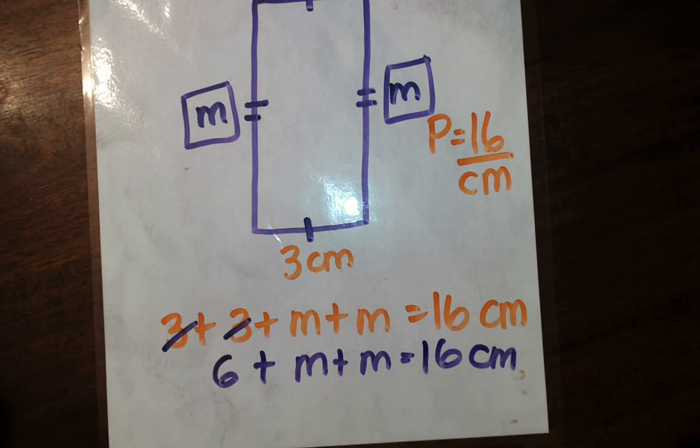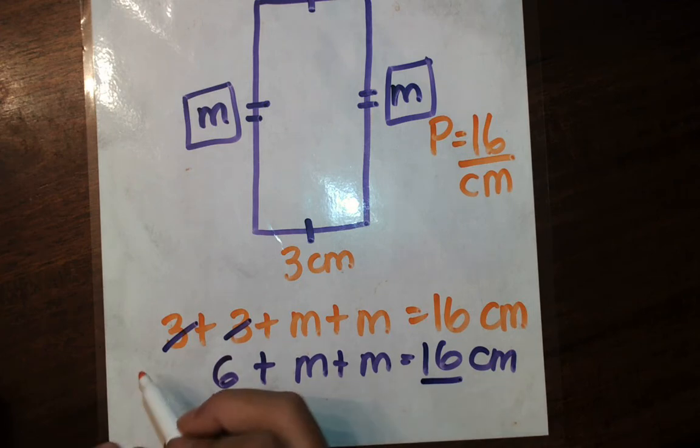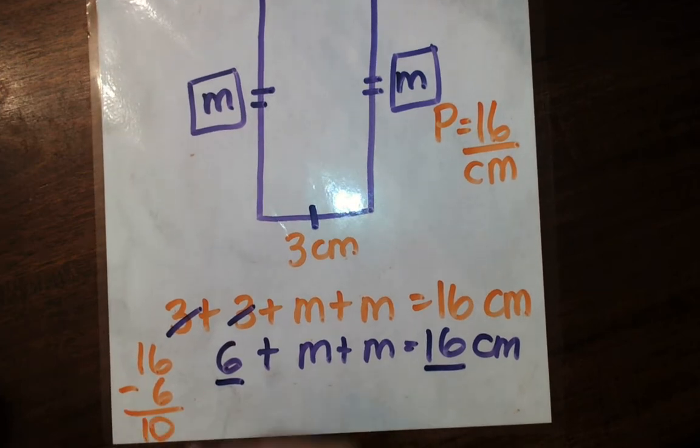How many more do I need to get to 16? Well, I could easily subtract these two numbers, right? 16 and 6. 16 take away 6 equals 10, okay? And then I could also count up, right?